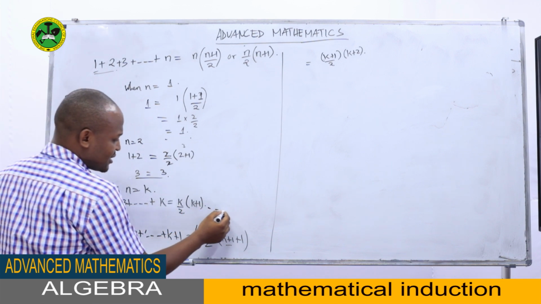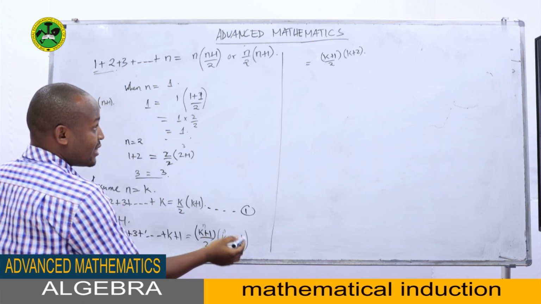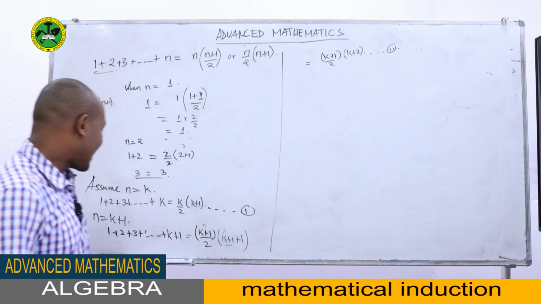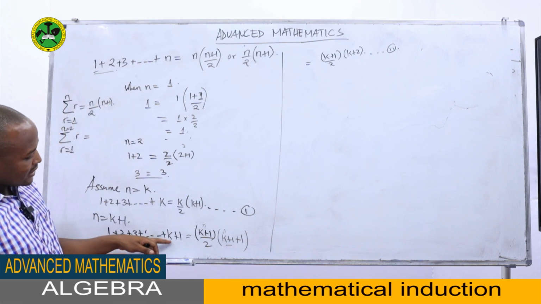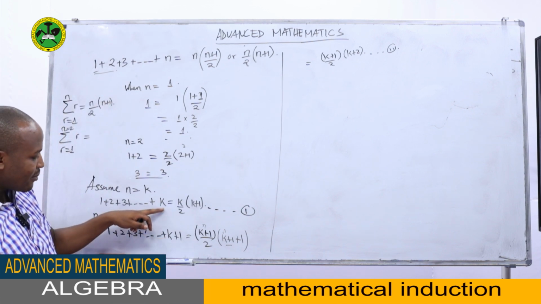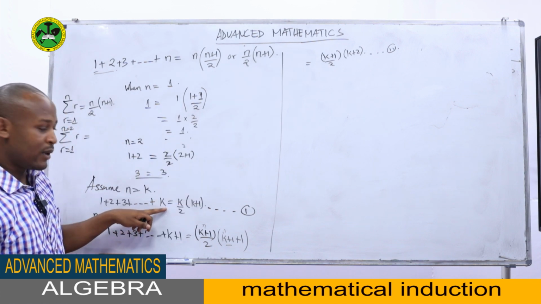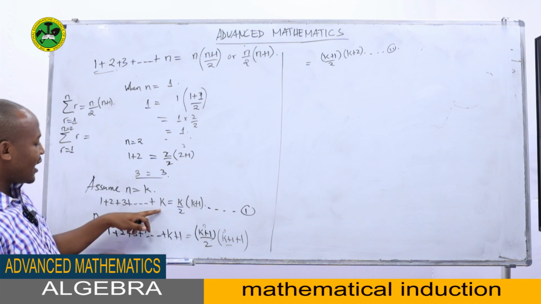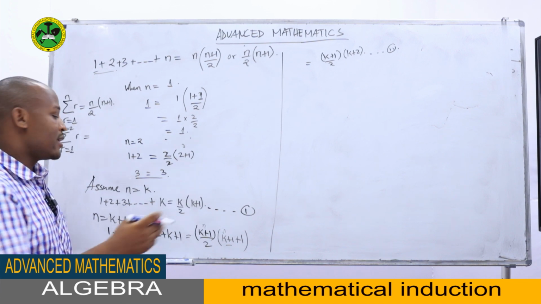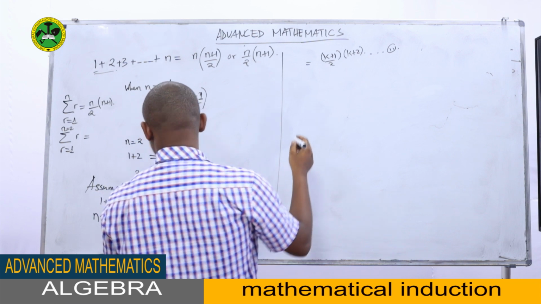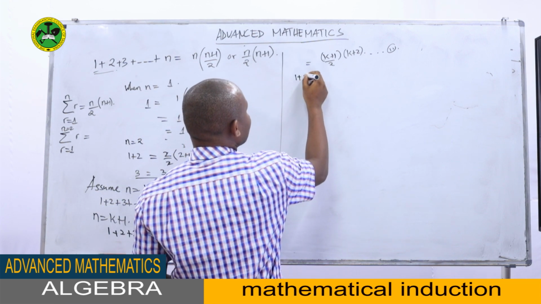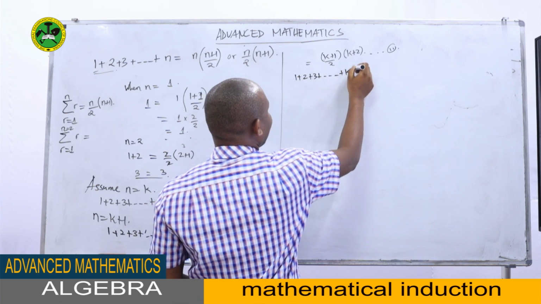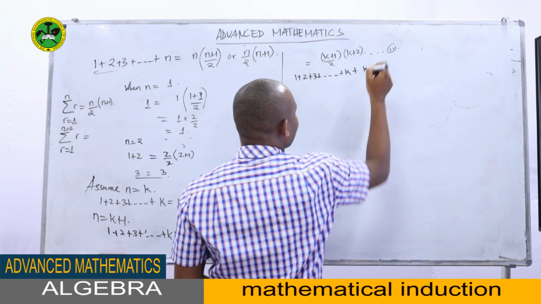Now, if we call this equation 1, and this up to that point equation 2, let's add a k plus 1 term. That means from there, let's add another term, a k plus 1, and we shall add that also on the right hand side. As you know in mathematics, if you add it there, then you are supposed to add on the other side of the equal sign. That means we shall have 1 plus 2 plus 3 plus down to k, then plus k plus 1.